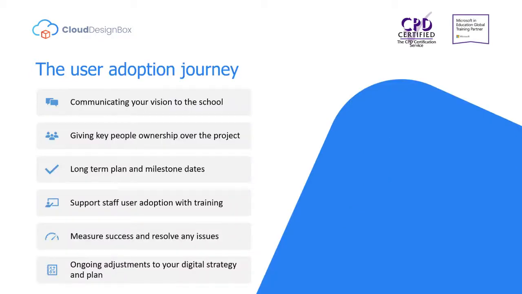So before we move on to the demo, I'll just talk to you quickly about the user adoption journey that you're likely to go on over the next year or so as you implement the cloud in your trust. So before you even get started, it's really important to create a vision for the school.